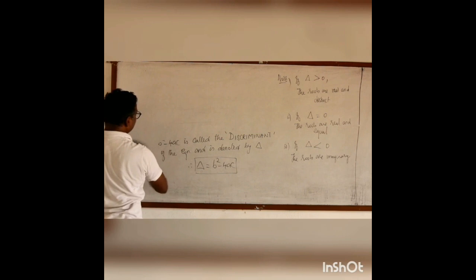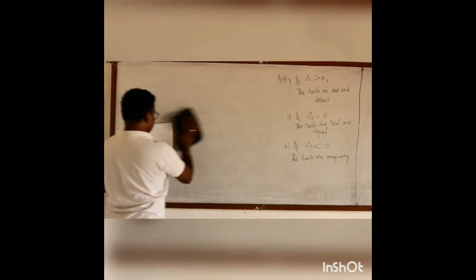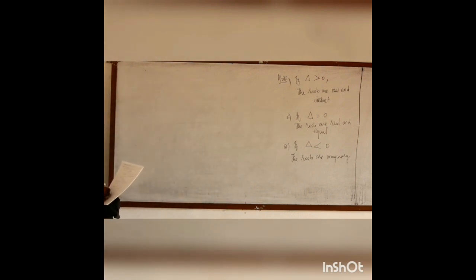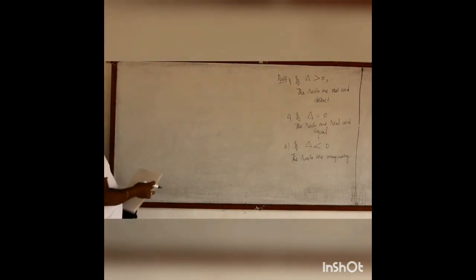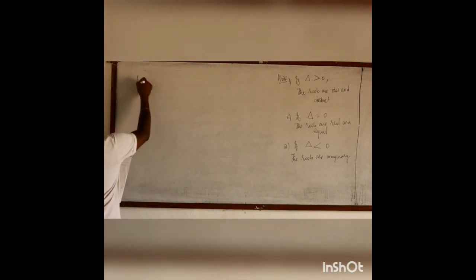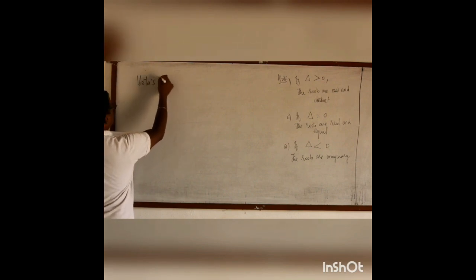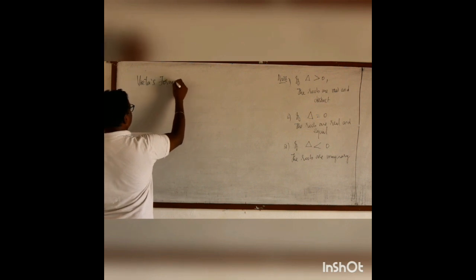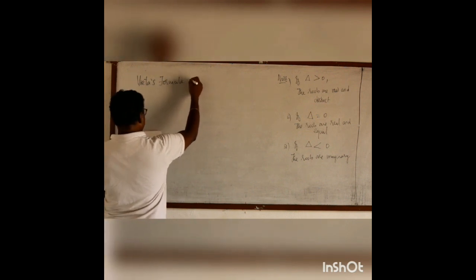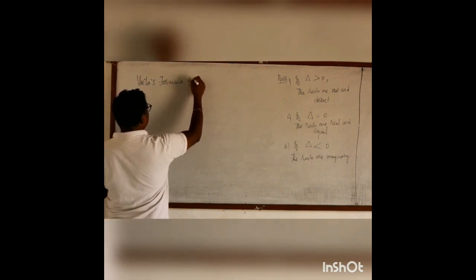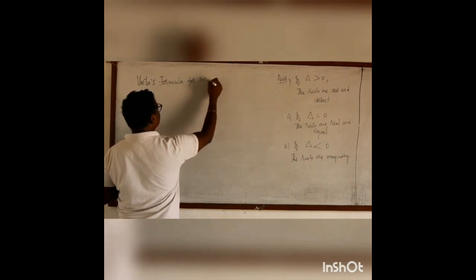Now, we know a quadratic equation has two roots. Suppose I have the roots, we can frame the equation, and this is called Vieta's formula for forming the equations.